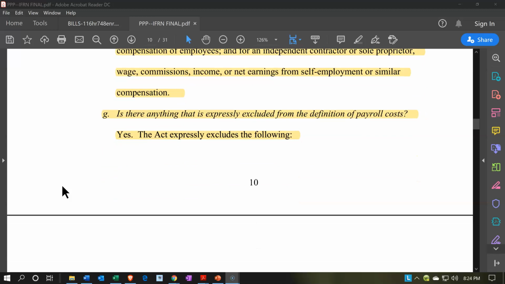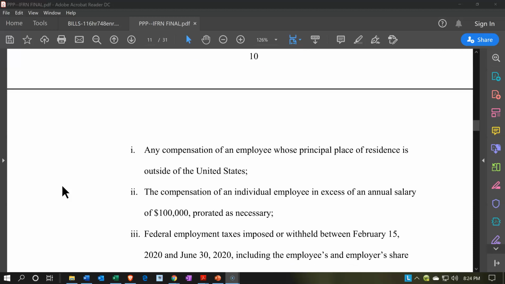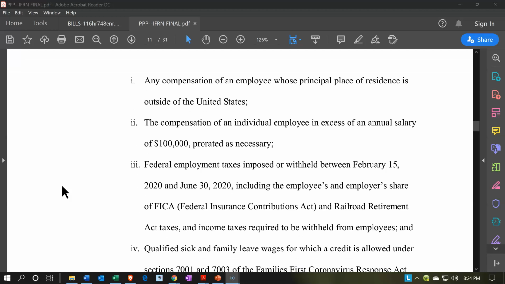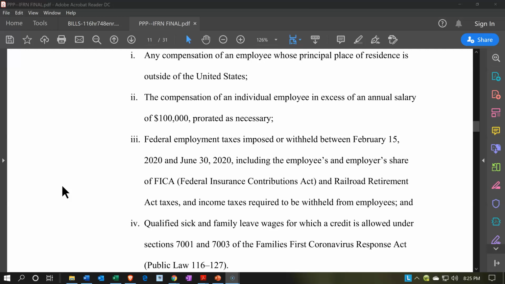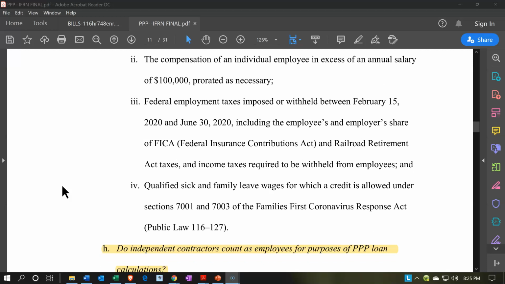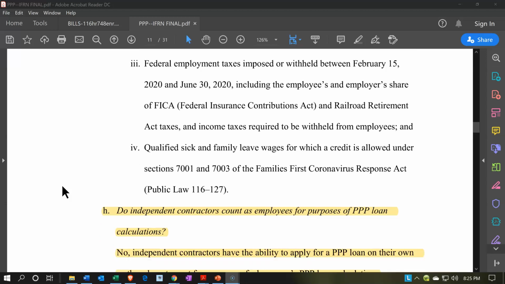The Act expressly excludes the following: any compensation of an employee whose principal place of residence is outside the United States, the compensation of an individual employee in excess of an annual salary of $100,000, so there's that $100,000 cap, federal employment taxes imposed or withheld between February 15th, 2020 and June 30th, 2020, including the employee's and employer's share of FICA and railroad retirement tax and income taxes required to be withheld from employees, and qualified sick and family leave wages for which a credit is allowed under Sections 7001 and 7003 of the Families First Coronavirus Response Act.